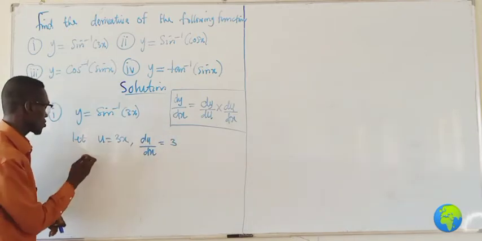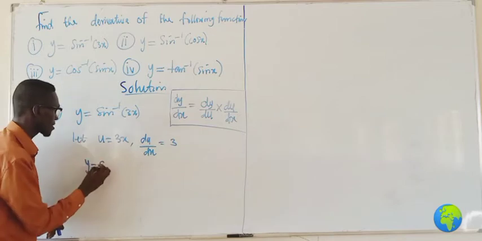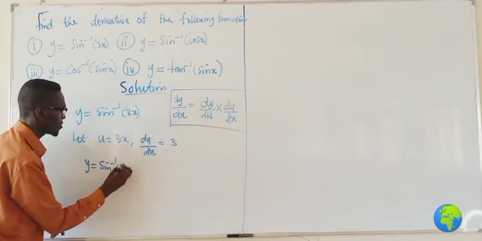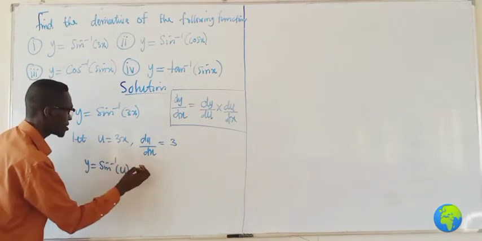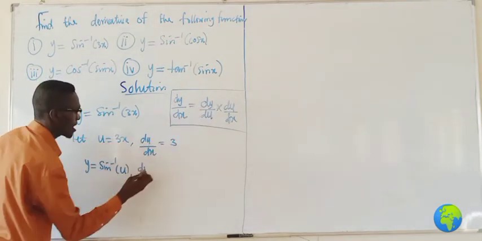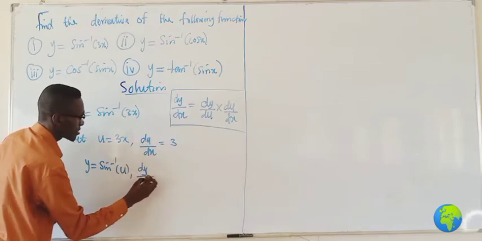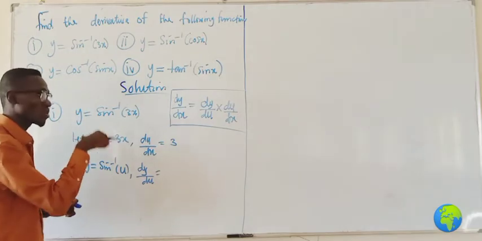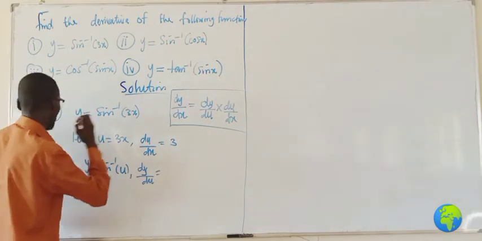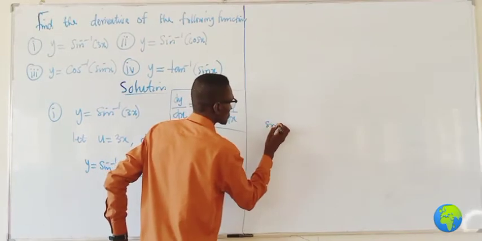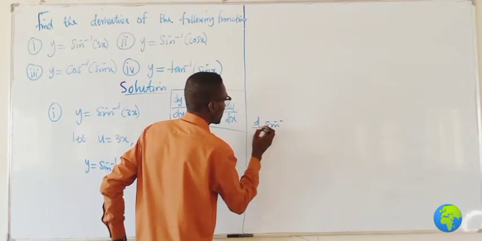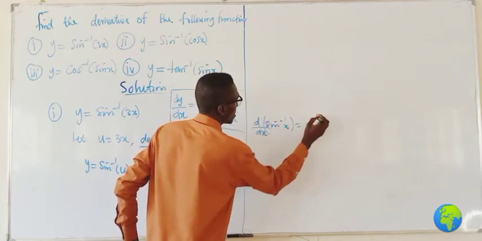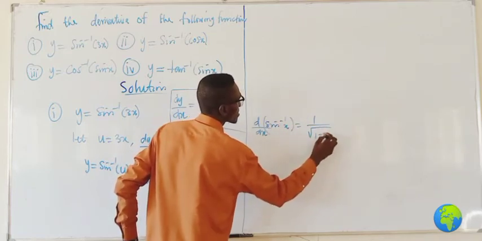After that, your function is going to look like y equals sine inverse of u, instead of 3x. So what is our dy/du now? Recall that I said the derivative of sine inverse of x was 1 over square root of 1 minus x squared.